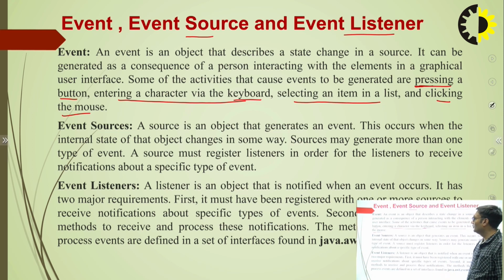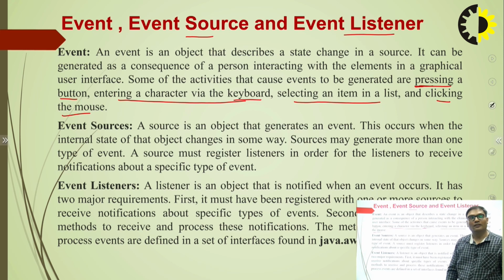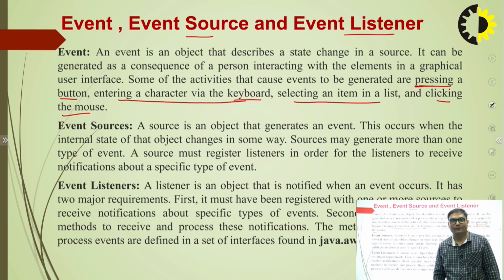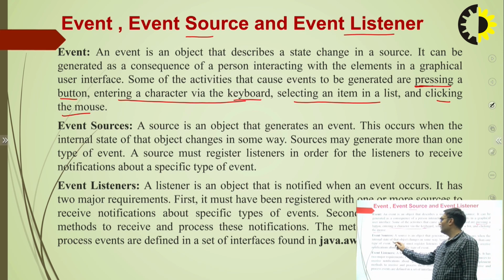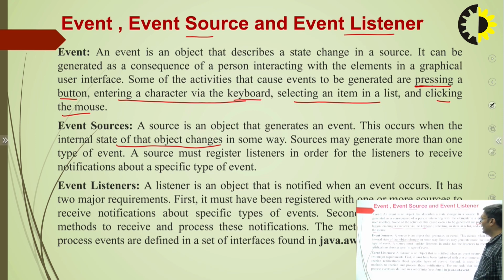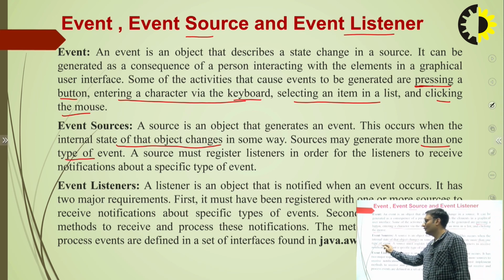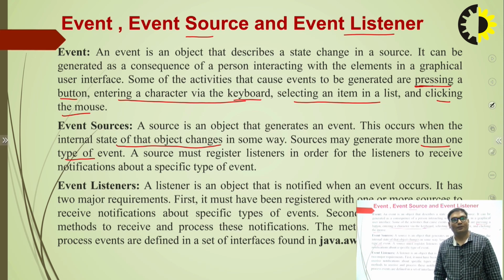So an event source is an object that generates an event, and this occurs when the internal state of that object changes in some way. So there may be any way to change the state of the object, and a source may generate more than one type of event. So there is a possibility that a source generates multiple types of events.